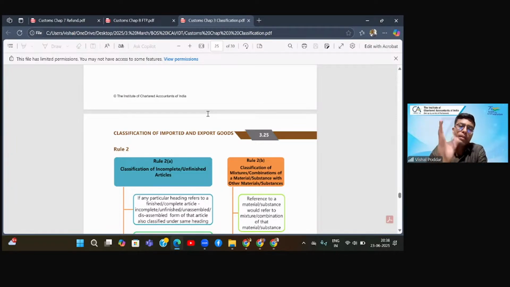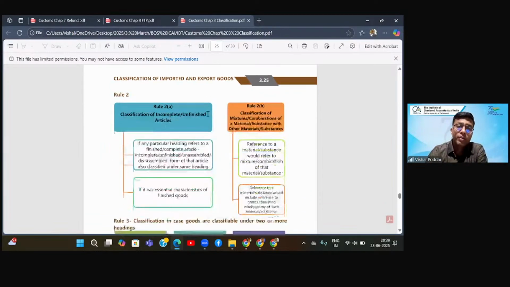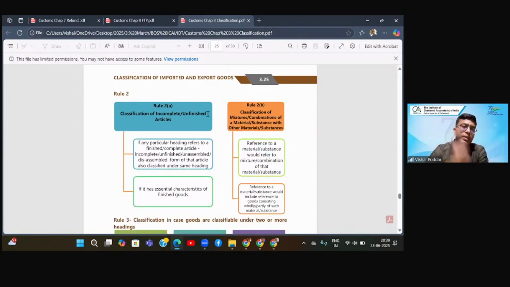That is Rule 1. Rule 2 further gives you second-level guidance. Many times you have goods which are removed from the factory in incomplete or unfinished form. The best example is a cycle. When you go and buy a cycle from a cycle shop, you buy a cycle in totally usable, ready-to-use form.